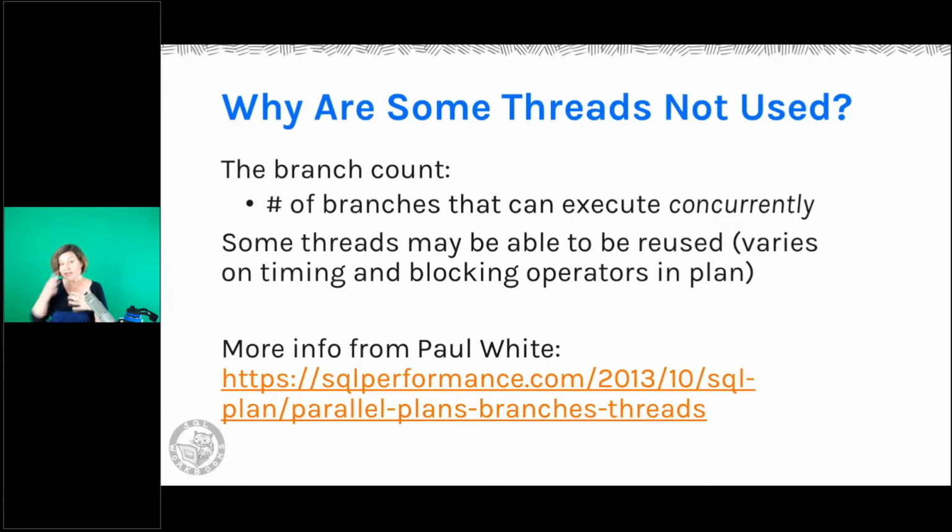The reason that it's reserving more threads than it's using is that it needs to make sure it can do everything. And some of this is based on timing. Some of these threads were able to be reused because parts of the plan completed and freed that thread up. And then it said, oh, instead of going and using another thread, I could just reuse this thread to do some work. That is fairly normal.